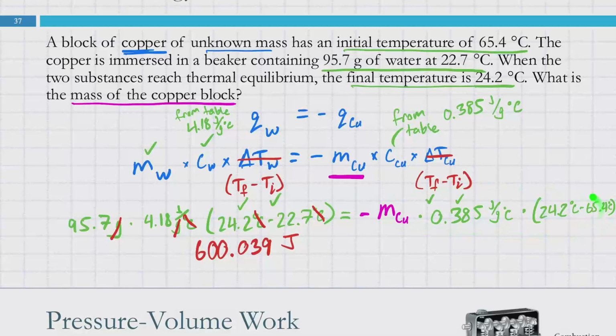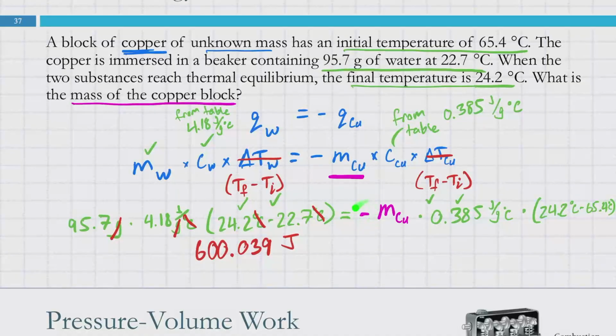On the other side, we're putting in 0.385 times, open parentheses, 24.2 minus 65.4. We get a negative value, because 24.2 minus 65.4 is going to give us a negative number.